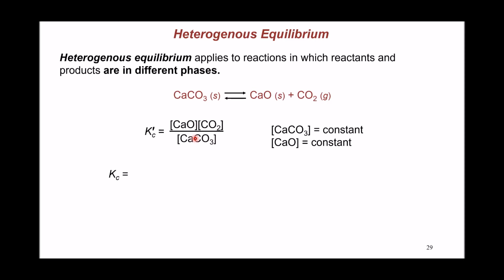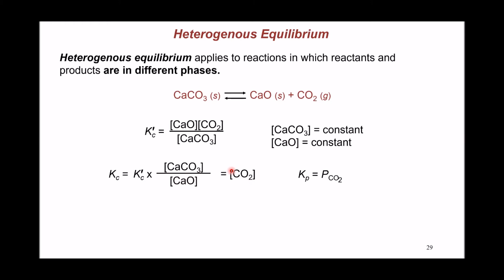So we will define a new equilibrium constant that equals the product of the equilibrium constant times the concentration of any solid substance or liquid substance, which will be a new constant, right? And that will make the equilibrium constant for the reaction depend only on the concentration of the gaseous phase substance in the reaction medium.